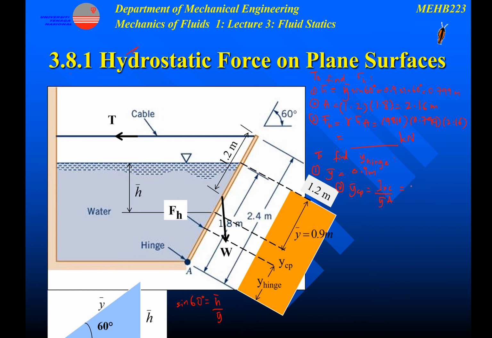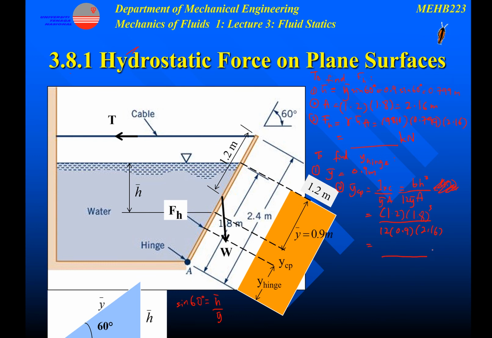For a rectangular gate, it is b h cubed over 12, with h the length or height. So width is 1.2, height is 1.8, only the part covered by water, divided by 12 times y bar, which is 0.9, times area, 2.16.